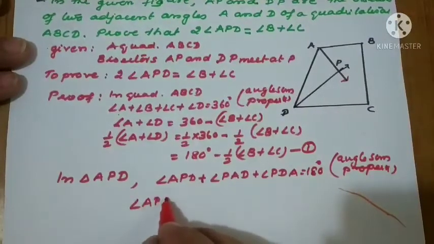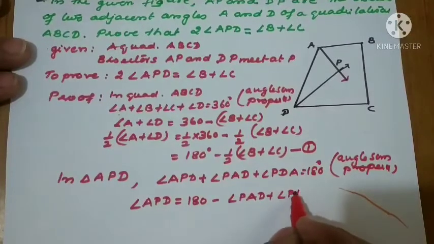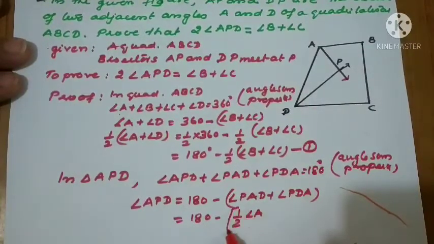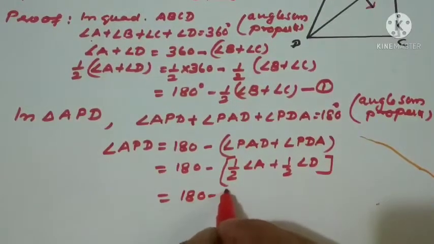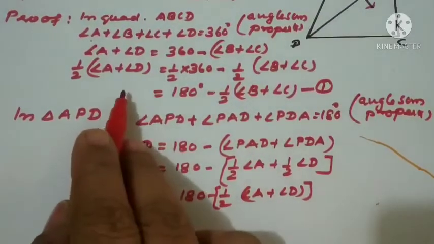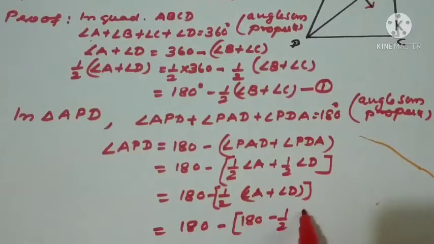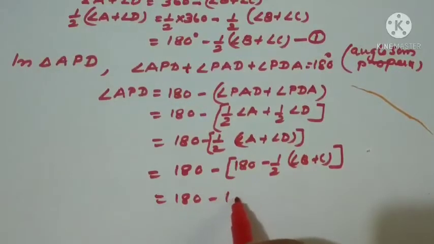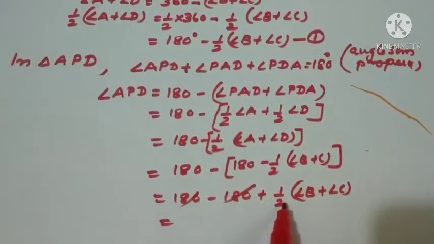Now we keep APD here, so 180 minus angle PAD plus angle PDA, which is equal to 180 minus half of angle A plus half of angle D. That means 180 minus half common, angle A plus D. So we can substitute half of angle A plus D, which means 180 minus bracket 180 minus half of angle B plus C. Expand the bracket: 180 minus 180 plus half into B plus C. It cancels.